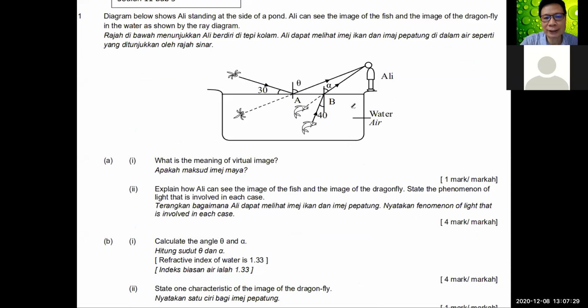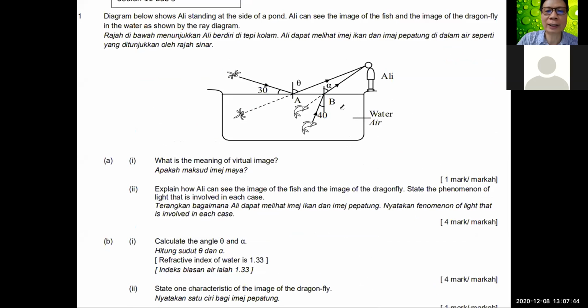This question is on the topic of light and optics. You can see in your paper there are a lot of questions on this chapter, correct or not? It shows that this chapter is a very important chapter.